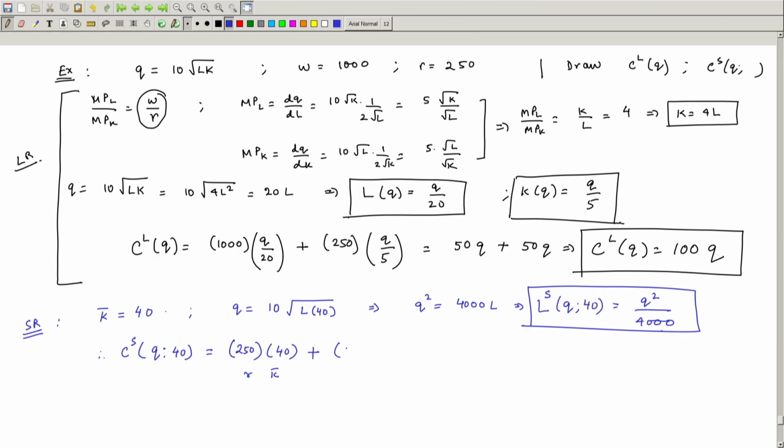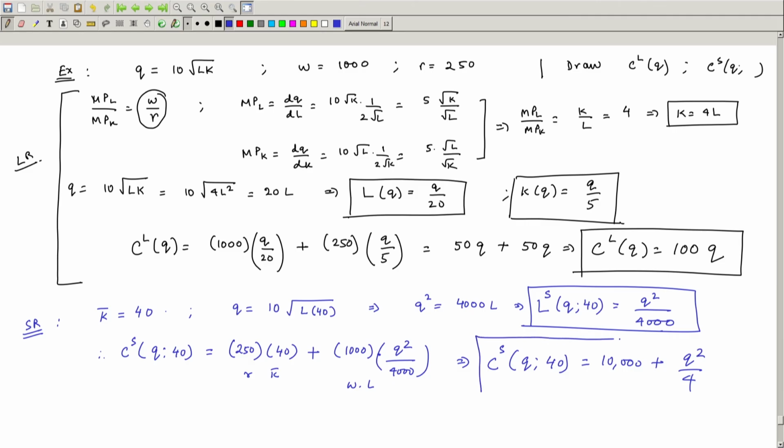So, the per unit wage rate is 1000 times the cost of labor, L is Q square upon 4000. So, this is W times L. So, this gives me the short run cost given that I have 40 units of capital. If I multiply 250 times 40, I am going to get 10,000, and the second term is going to give me Q square upon 4.